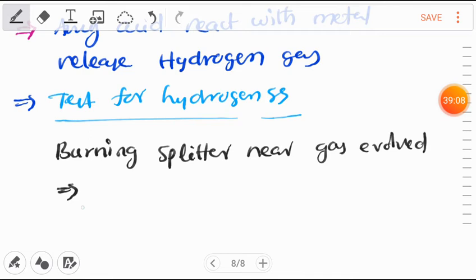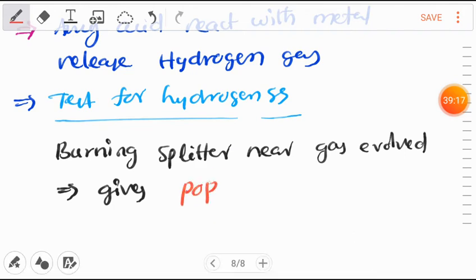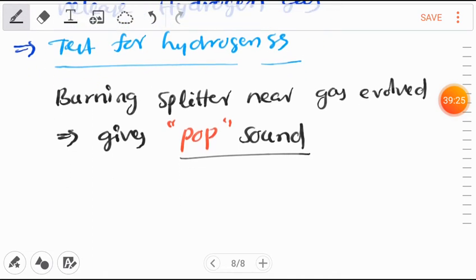It will give a pop sound. It gives what sound? Pop sound. So understand, this pop sound is very important.